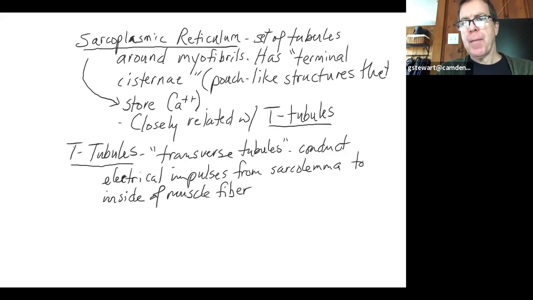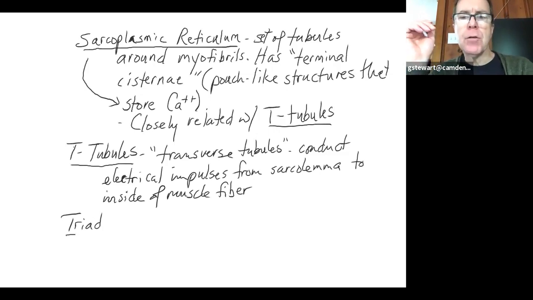Last term, I promise, and then I'm going to put all of these terms together for you in a picture. I'm going to use this terminology a little bit. Triad. This is not a specific structure.